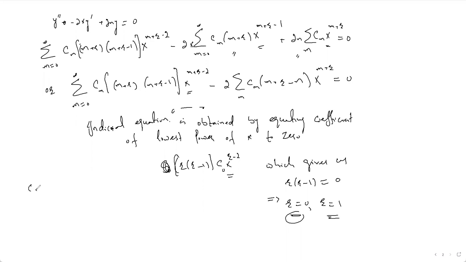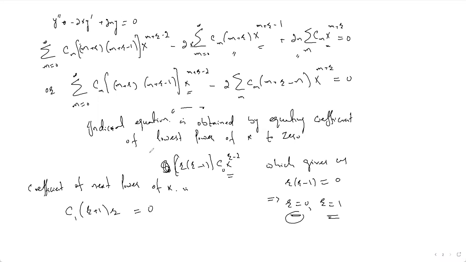So the coefficient is c1 times (r plus 1) times r, and this will be equal to 0.